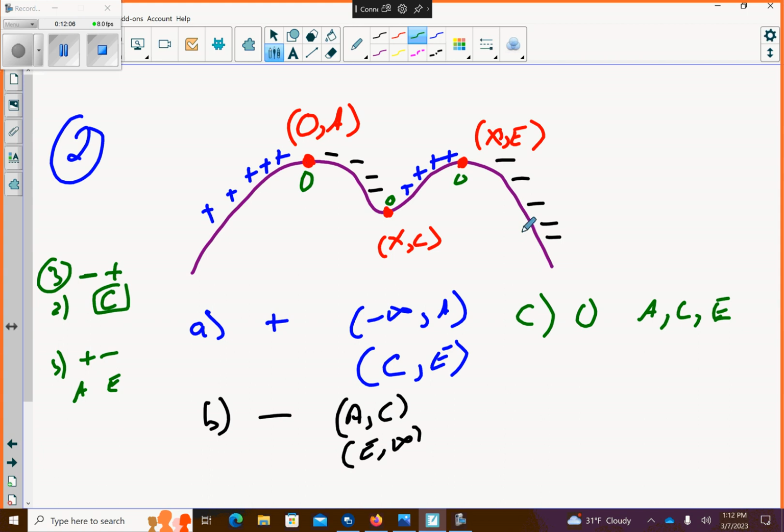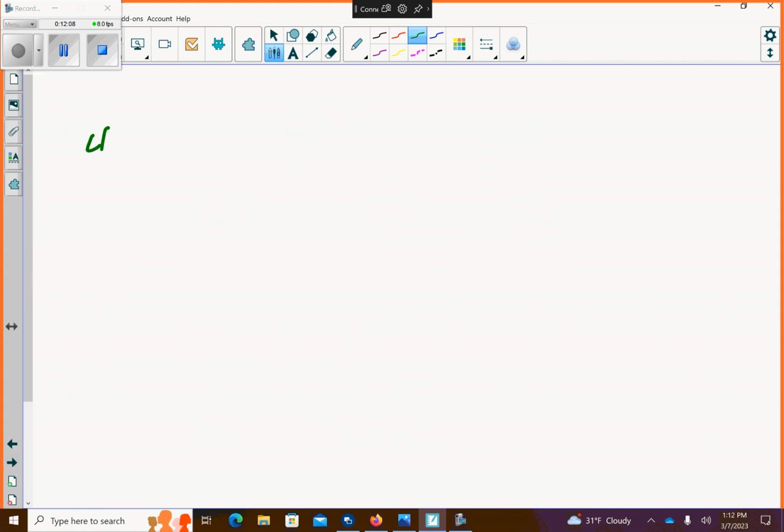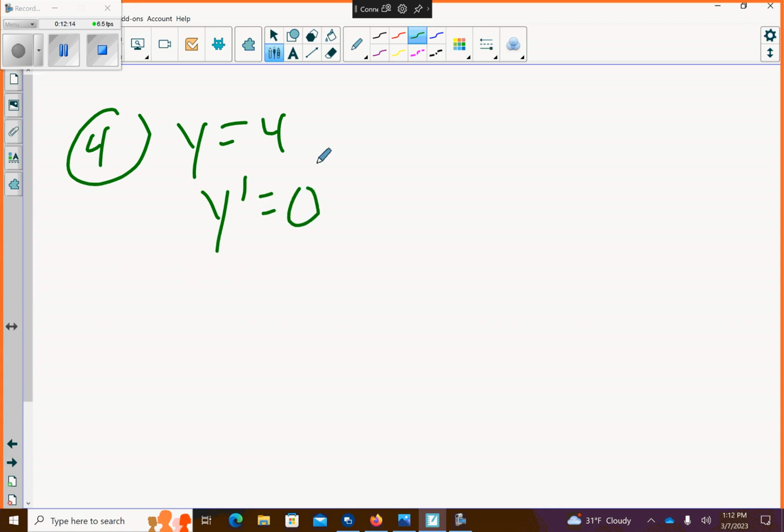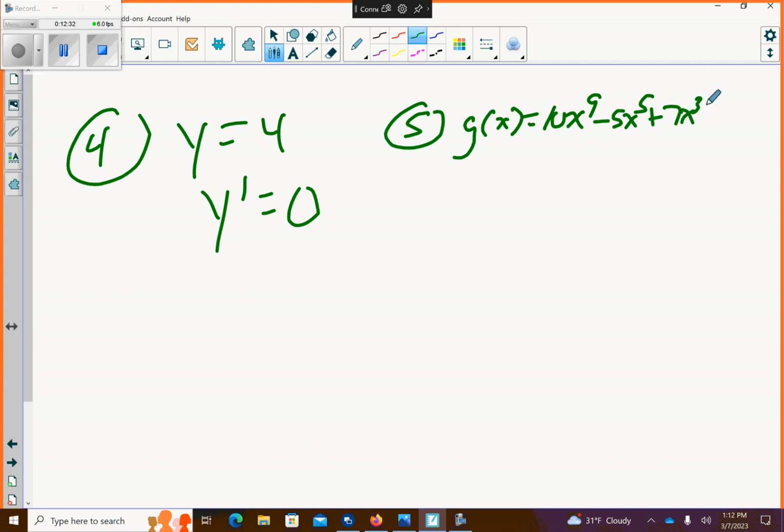All right, so going on to problem number 4. If I have y equals 4, the derivative, so y prime, would be 0. Remember, the prime is going to replace the derivative now, or d over dx. Number 5, if I had g of x equals 10x to the 9th minus 5x to the 5th plus 7x to the 3rd plus 5x minus 6.